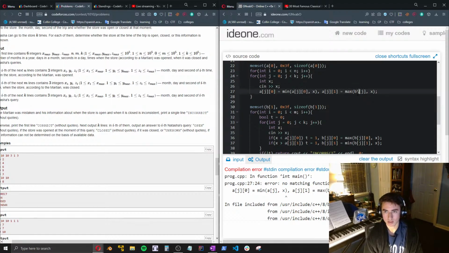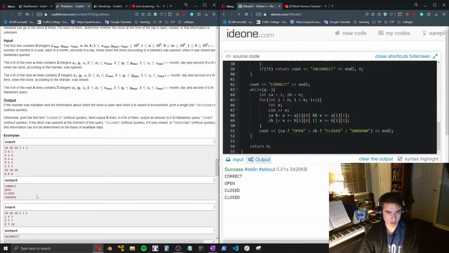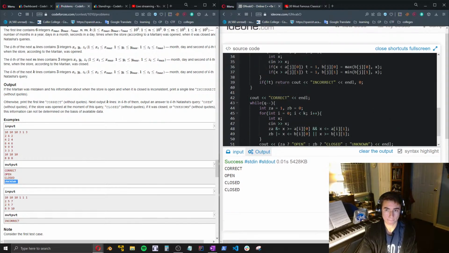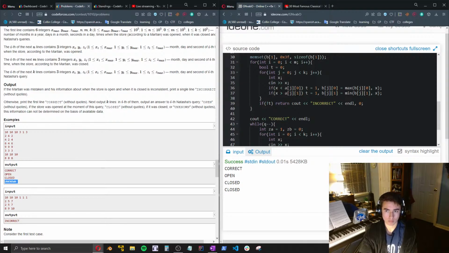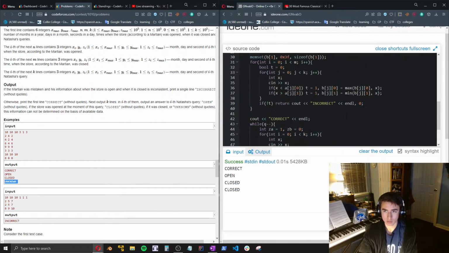Why is this J1? Correct. Open, closed. Oh, this one's saying closed. Why is it saying that? Let's print out the things we got.